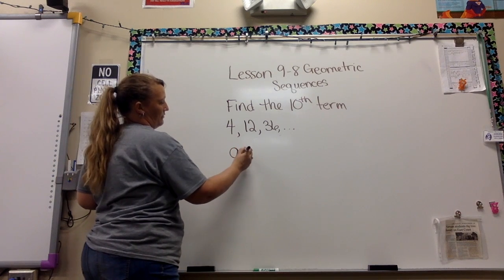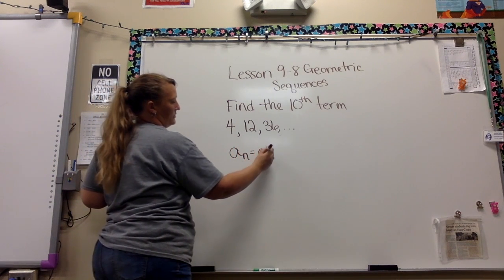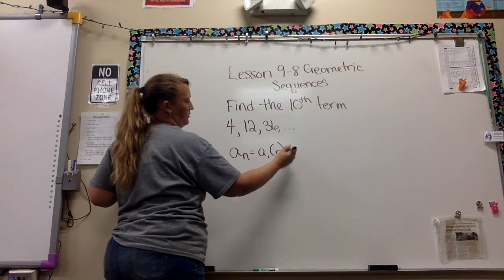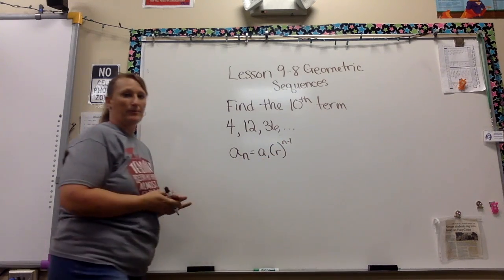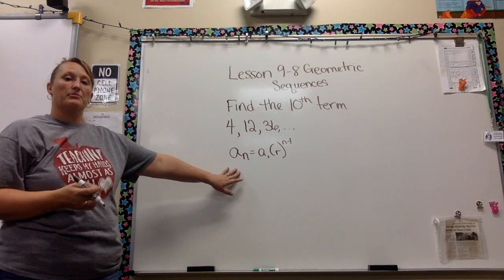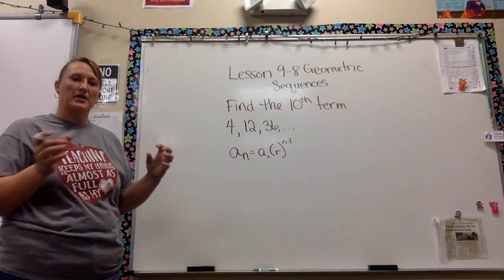So remember that the formula is a sub n equals a1 times the common ratio to the n minus 1 power.